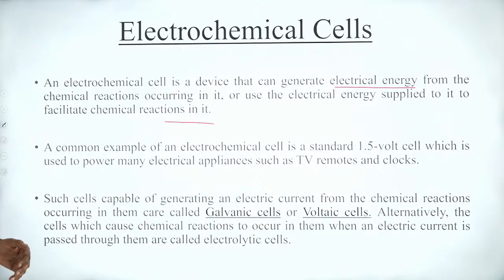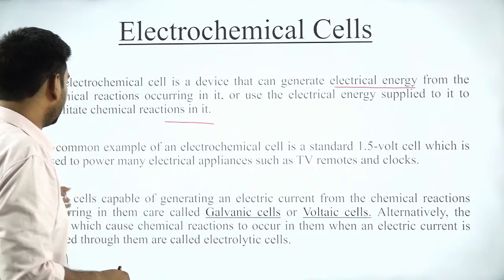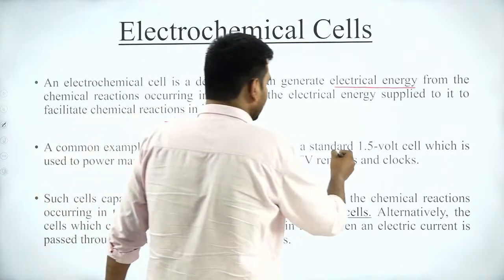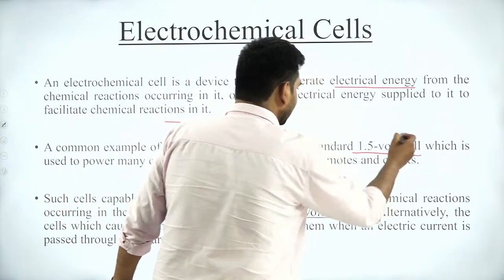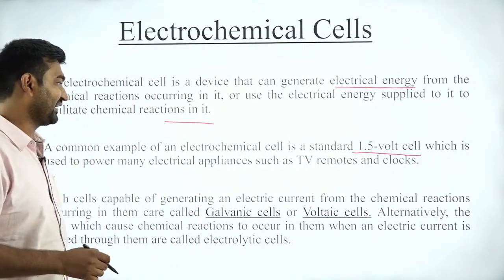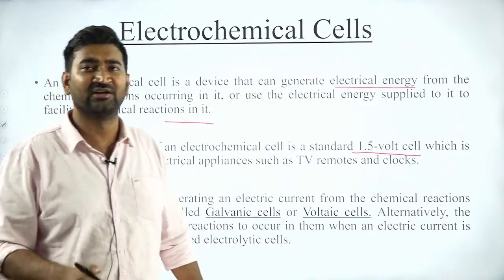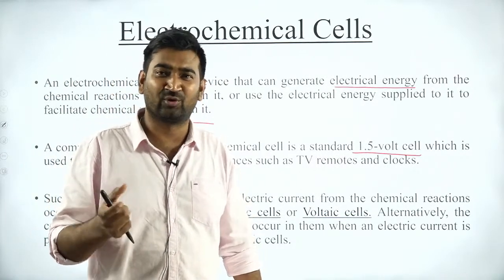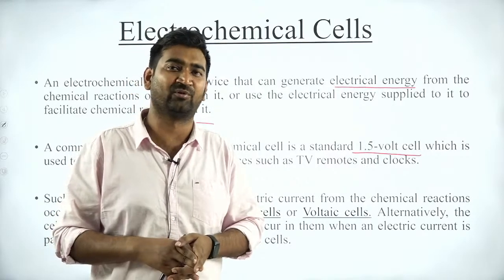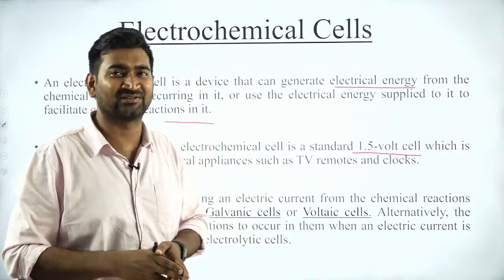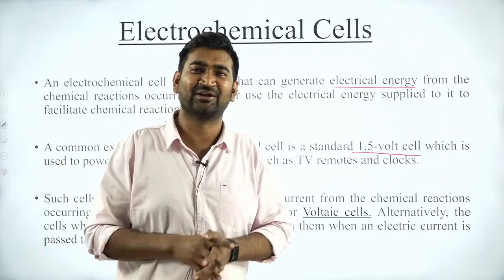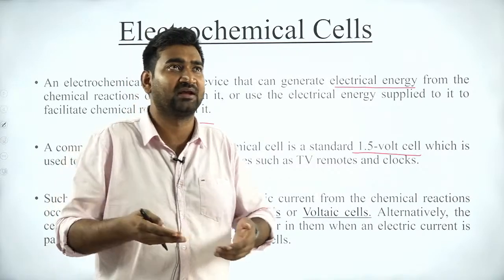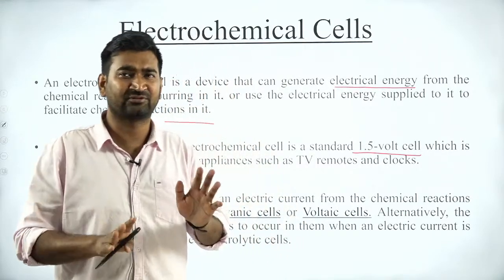Now let's talk about the common example. The common example of an electrochemical cell, which I am talking about right now, a galvanic cell, is a standard 1.5 volt cell which is used to power many electrical appliances like TV remotes and clocks. You might have seen that small cell of 1.5 volts, 1.2 volts, 1.1 volts available in the market, not very costly, 10 rupees, 20 rupees, 15 rupees, okay, and it runs for a lot of time, at least 3-4 months.